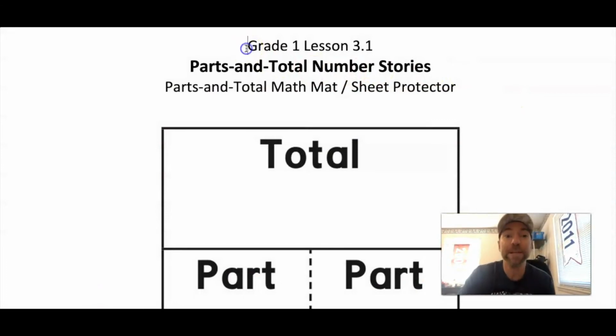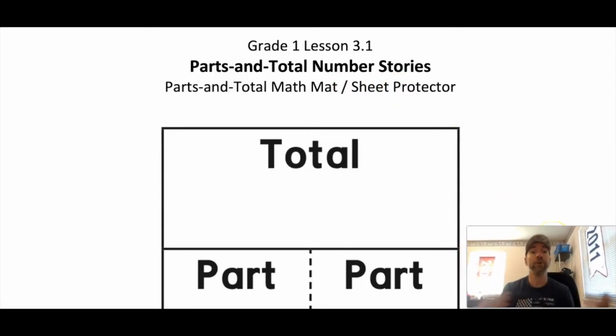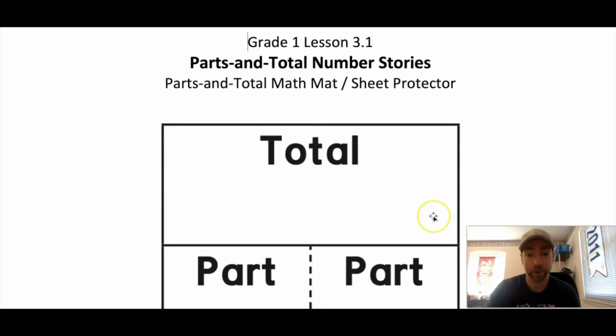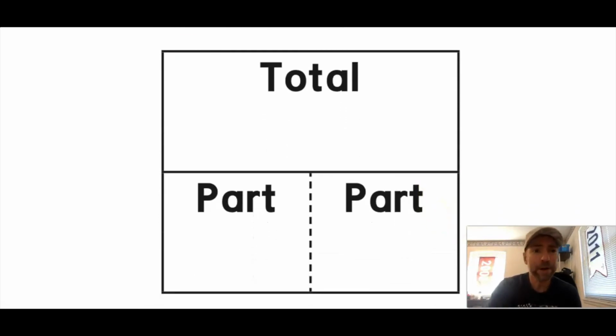Today, we are going to be doing Grade 1, Lesson 3.1, Parts and Total Number Stories. So you will need your parts and total math mat placed in your sheet protector, and then you'll need your dry erase marker in order to write on it over and over again to get some math practice in. Awesome. So here is our part total diagram. You're going to see three words on it.